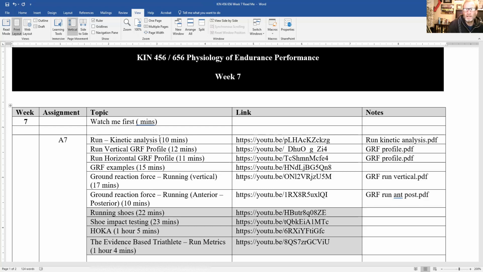Okay, and then Mr. Gerard and myself actually had a really good podcast that was really good for this class. And last Friday, we talked about run metrics. And we talked a lot about stride length, stride frequency. Actually talk about leg stiffness, which I don't get too much into in this semester.